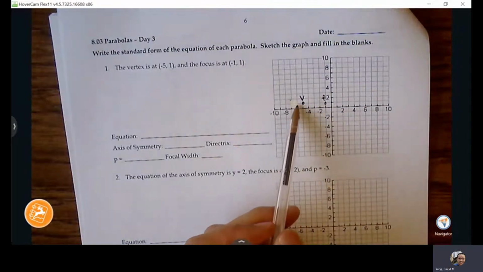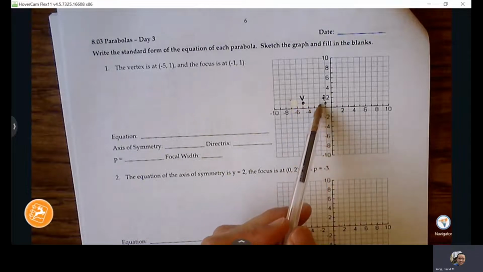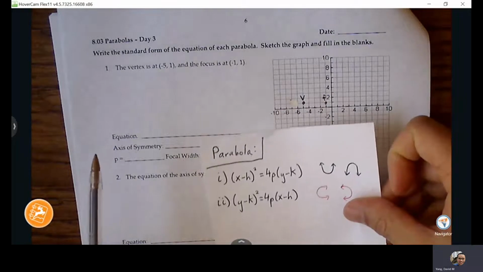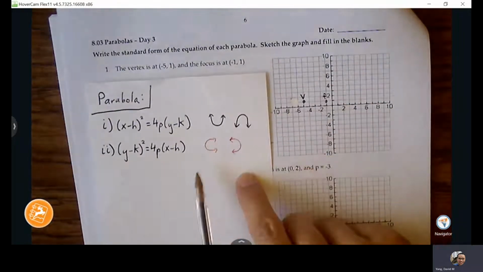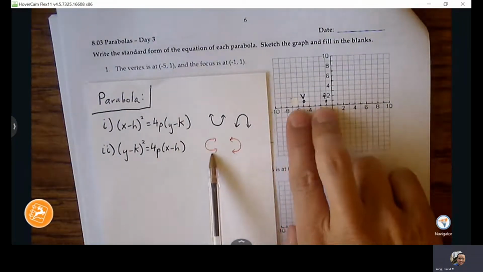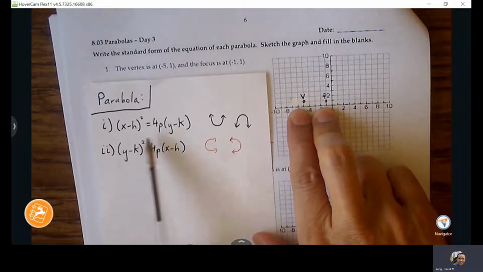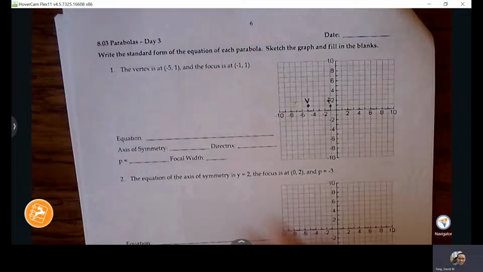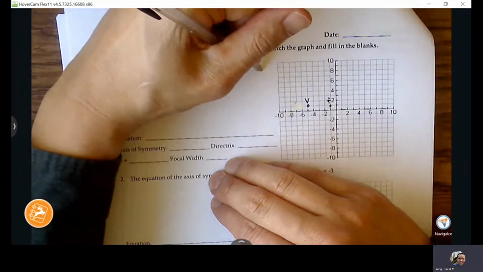So if your vertex is to the left of your focus, how is the graph going to look? Opens to the what? To the right. If you know how it opens, you know which equation that you're working towards. So we know this parabola opens right.